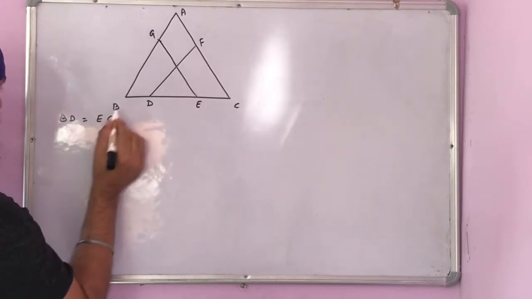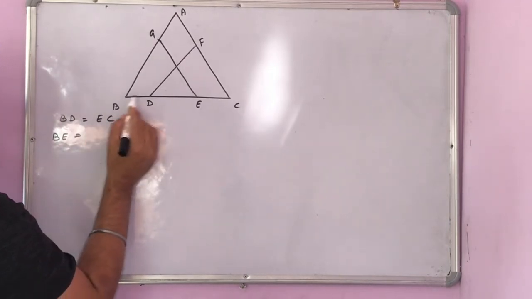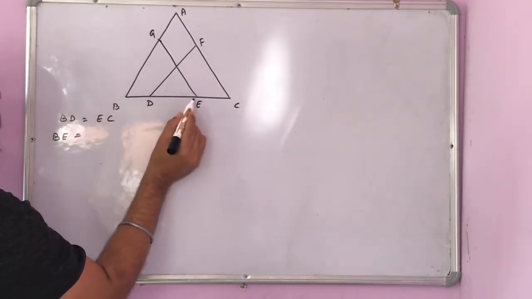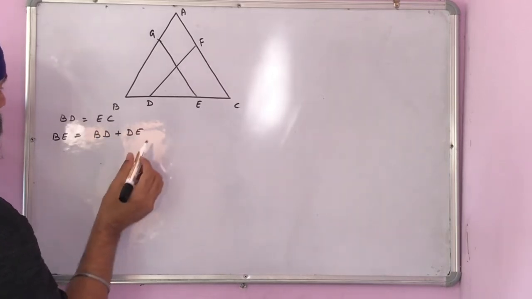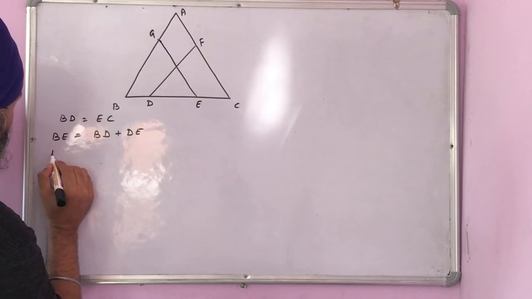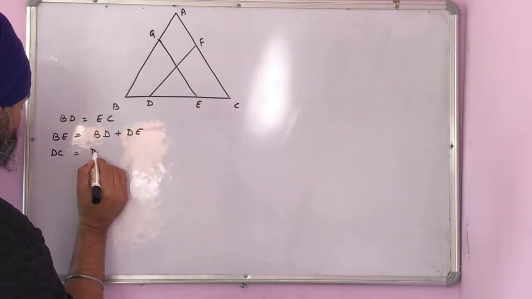Now BE, what is BE equal to? BE is equal to BD plus DE. What is DC equal to? DE plus EC.